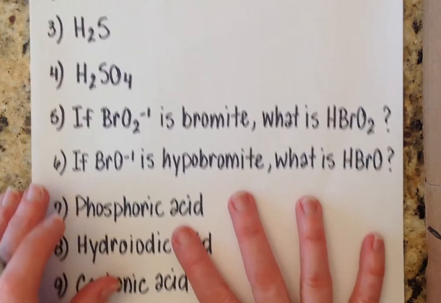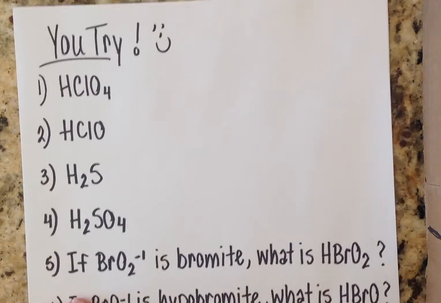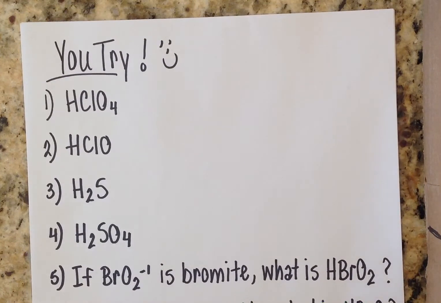All right, so let's take a look at number 1. I bet you guys got all of these right. So HClO4. I know it's an acid because there is an H in the front. I know that ClO4 is perchlorate. Because this is a polyatomic ion, I'm going to change the ending from ate to ic.